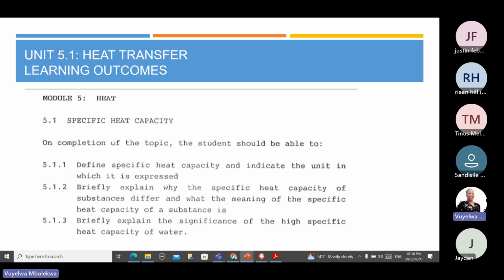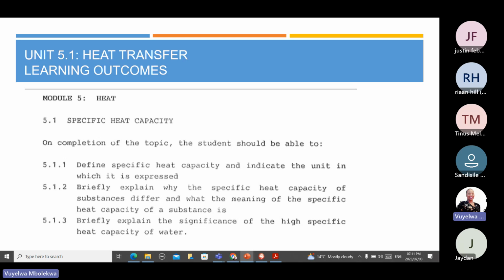As an advantage, we use water bottles, because if you have hot water in that bottle, because the specific heat capacity of water is high, it absorbs a whole lot of heat energy to increase its temperature. Because that energy is a lot, it takes a while to release it.